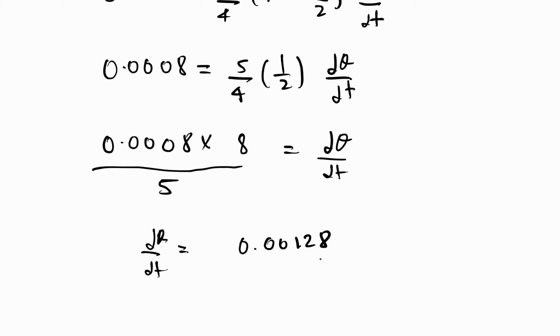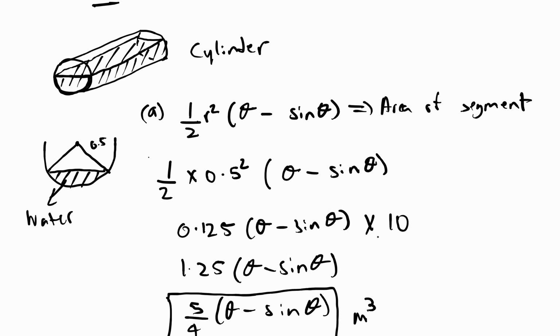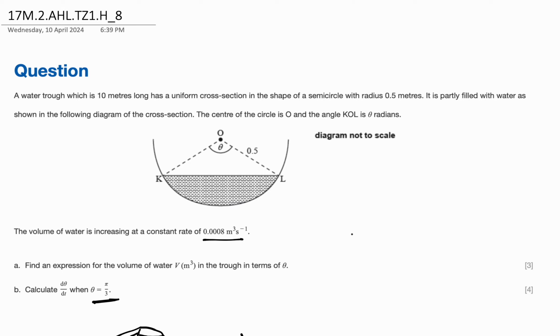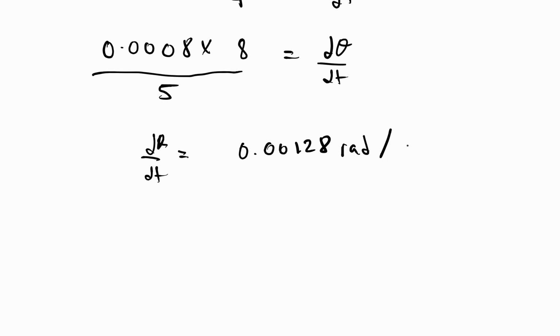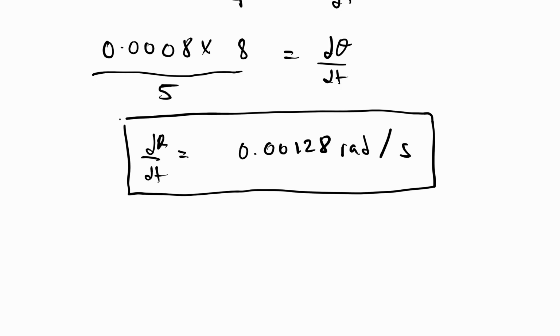And what exactly is the unit? What are we changing? The angle. So that is radian per, and then what's the unit of time in this case? Second. Radian per second. And that is the change in angle over time.